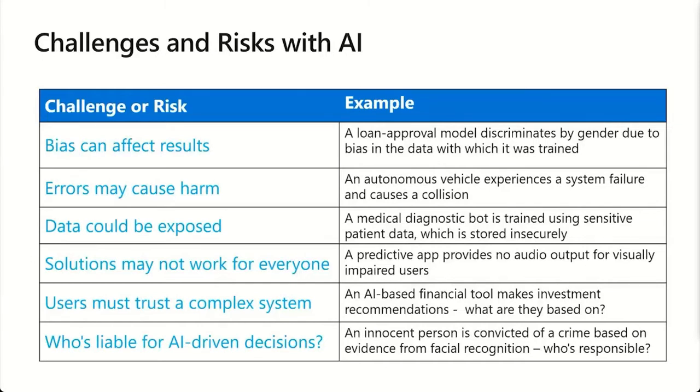Indeed, if you do not think about it, that might be the case. The example here is a predictive app that provides no audio output for visually impaired users. But you should think about these things. Users must trust a complex system. Yeah. An AI-based financial tool makes investment recommendations. What are they based on? Because computers usually do not explain their predictions, right?